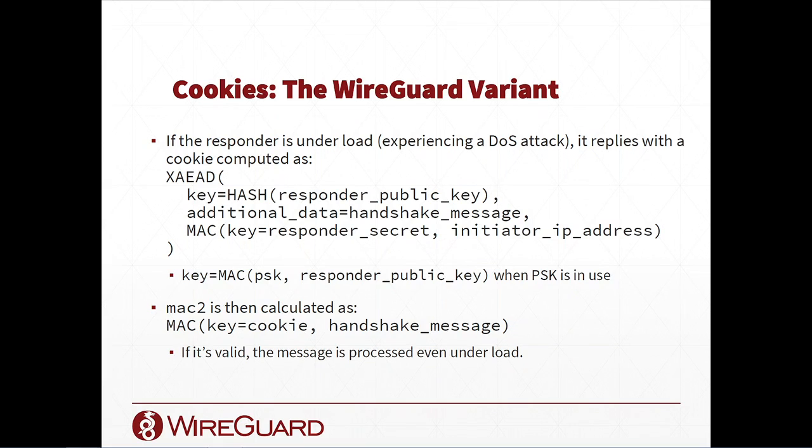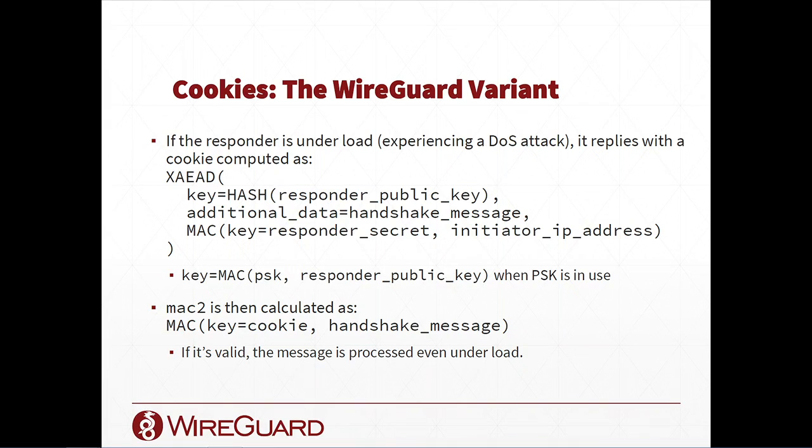Rather, we take the same type of cookie from DTLS and IKEv2, where we take the MAC using responder secret of the initiator's IP address, and we encrypt it using as a key some hash of the responder's public key, so that only then the initiator can read this cookie reply if it knows who it was talking to in the first place.